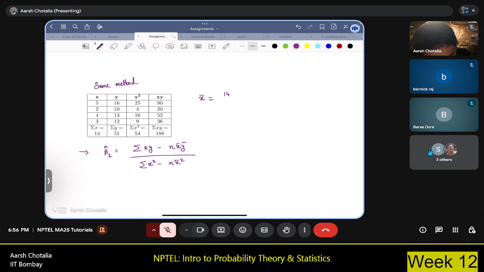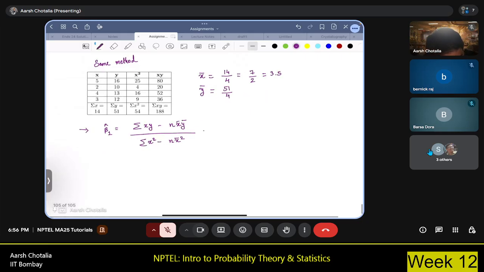X bar is 14 divided by the number of entries, 4. So 7 by 2, 3.5. Y bar is sum over y, 51, divided by 4, whatever it is. Okay. So now this becomes sum over xy, which is 188, minus n, which is 4, into x bar, 7 by 2, and into y bar, which is 51 by 4.